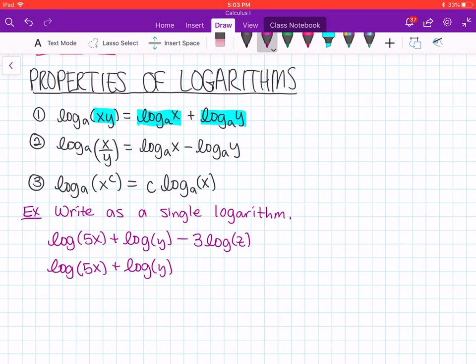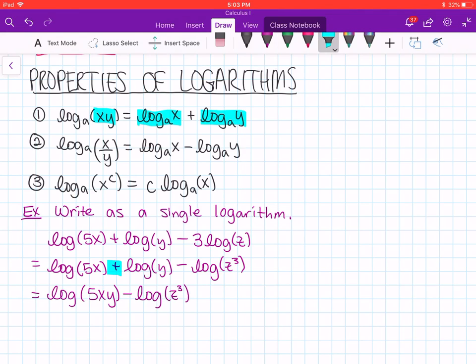And we can do that using property 3. So we got log of z, and then it becomes our exponent. Then we see that we have an addition sign, and that is going to mean that we can multiply. So we can bring it inside the log, and then instead of addition, we have multiplication. And just like that, we got rid of one logarithm.